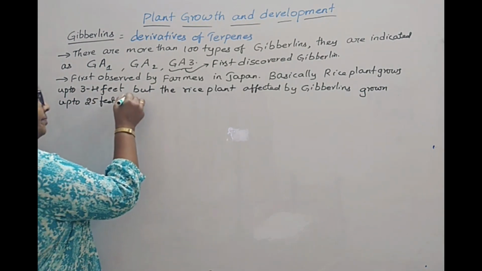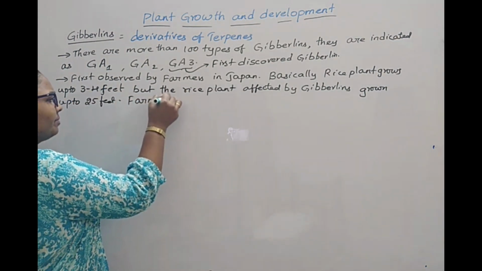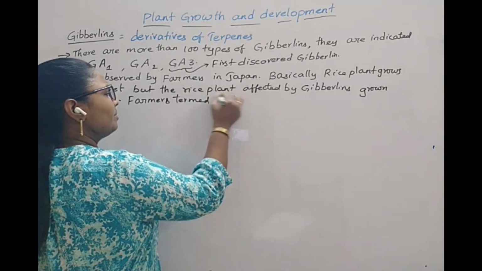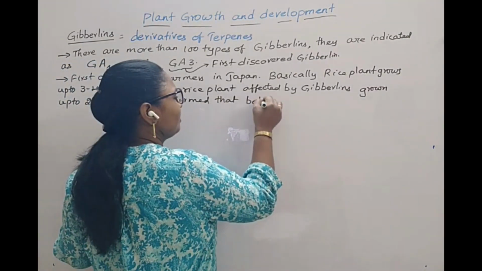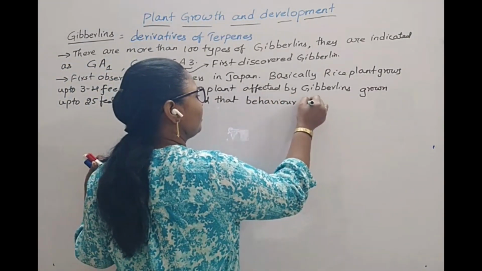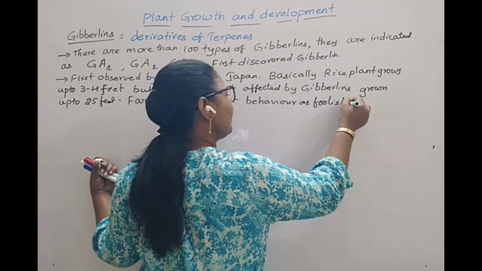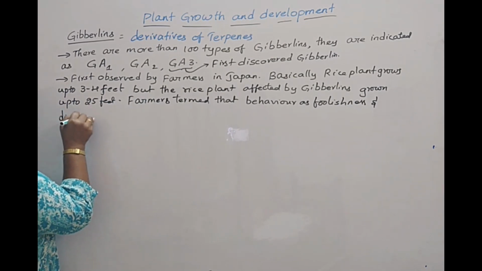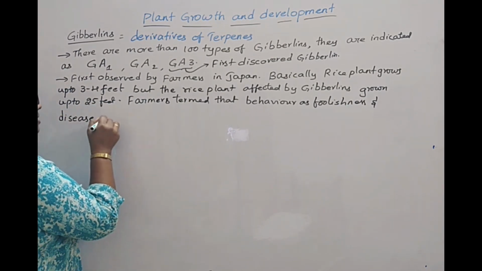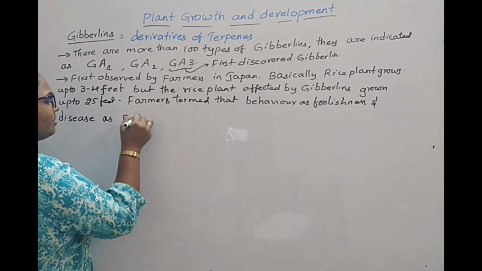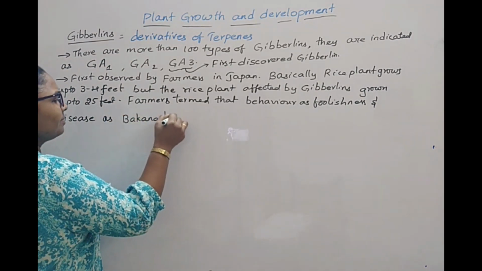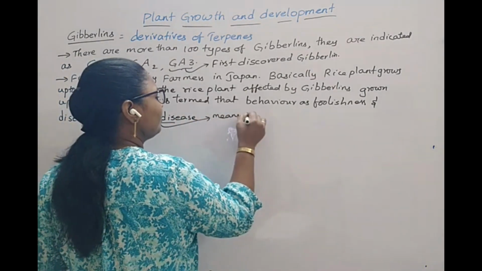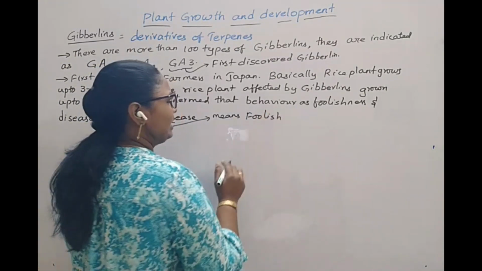So farmers called it foolishness and considered that as a disease and gave a term to that disease, Bakanae disease. Bakanae itself means foolishness or foolish seedlings.